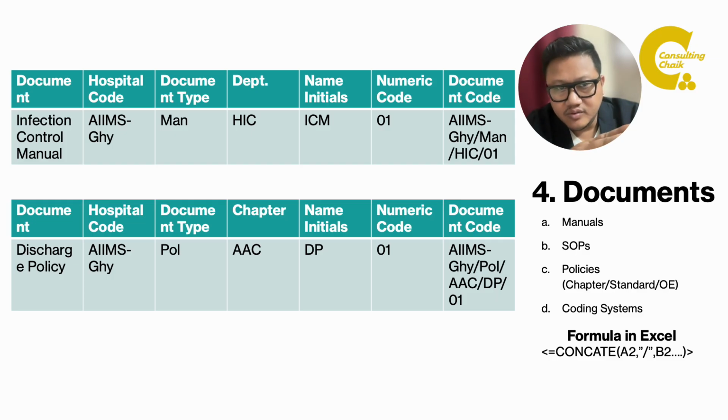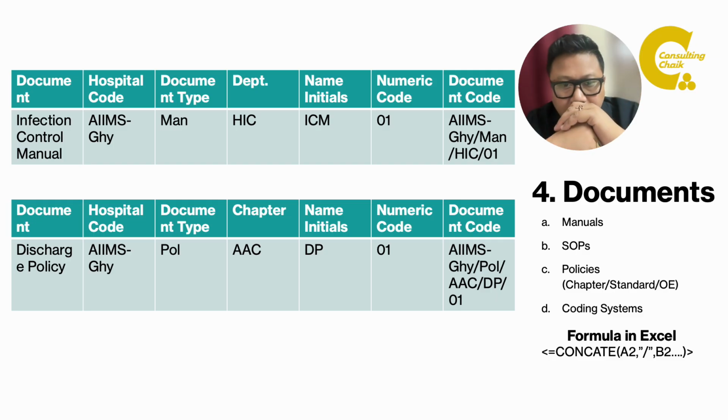So this way you can go till A, B, C, D, E. Okay, and then close the bracket. Once you press enter, you will have the whole document code made.